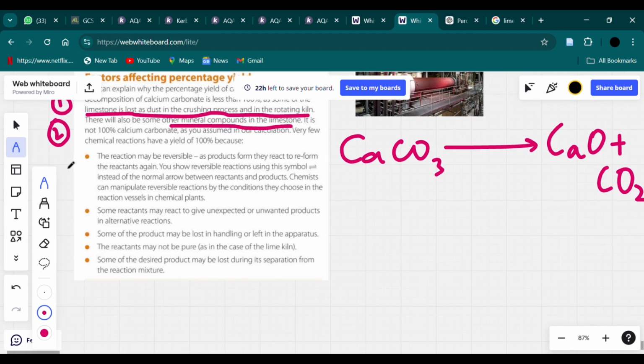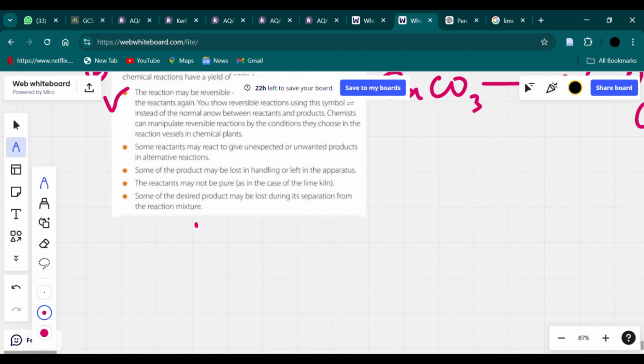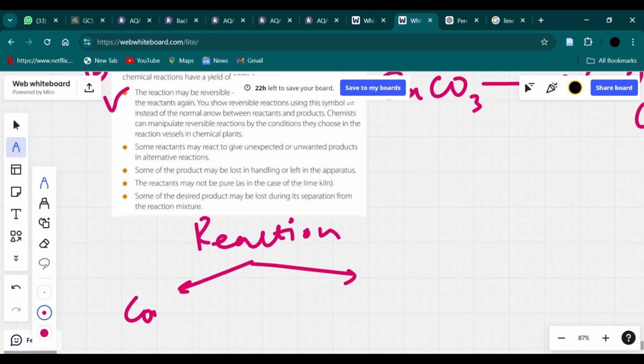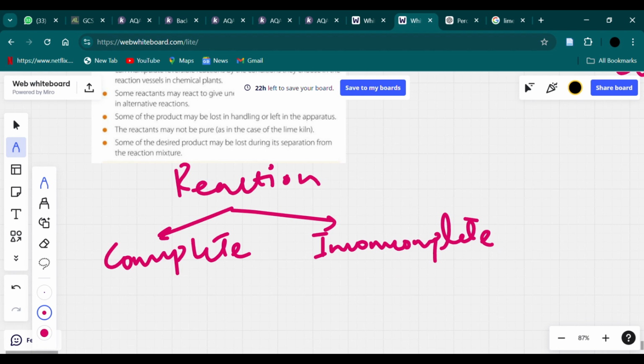Another reason is that the reaction may be reversible. So what are reversible reactions? We have two types of reactions: complete reactions and incomplete reactions. The complete reaction is also called an irreversible reaction.